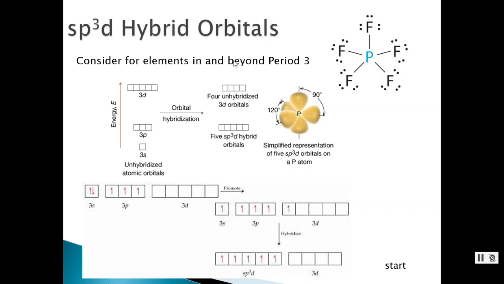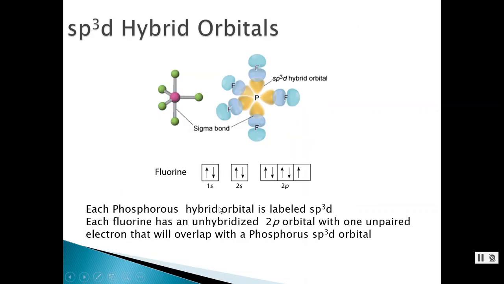So for elements in and beyond period 3, there is the opportunity to have expanded octets because of the possibility of forming these sp3d hybrid orbitals. Again, they're sp3d because I have 1 s, 3 p's, and 1 d orbital that hybridize and mix to give you that structure.